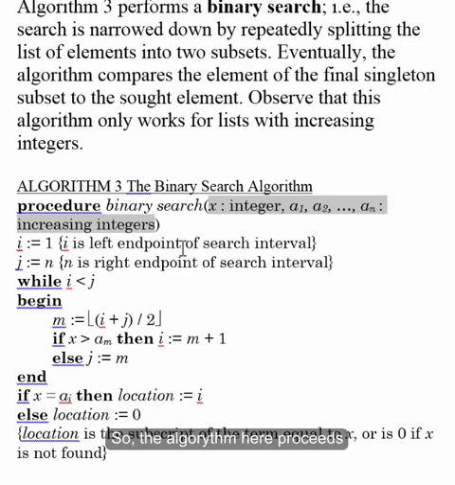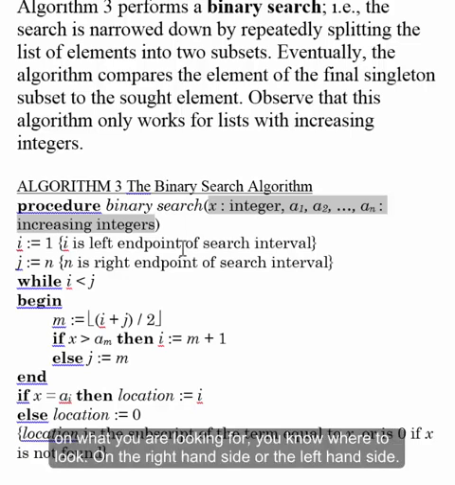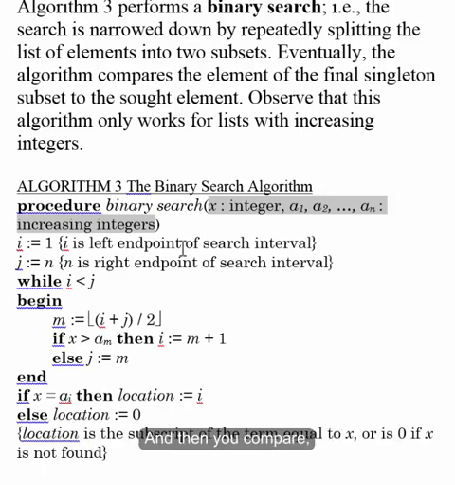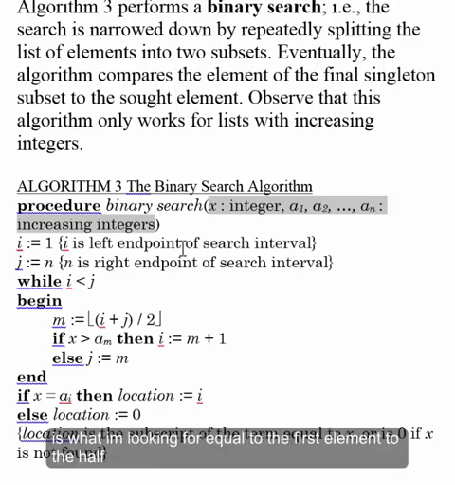So the algorithm here proceeds by splitting in half the bookshelf. Right, so you split the bookshelf in half, and then depending on what you're looking for, you know where to look, on the right-hand side or left-hand side. And then you compare. Is what I'm looking for equal to the first element of the half that I'm looking at?